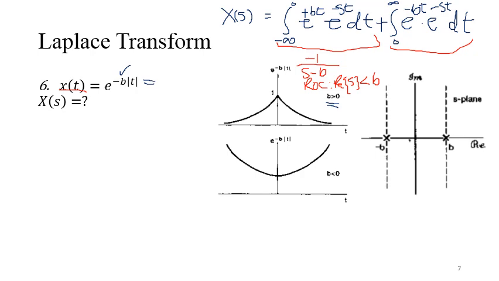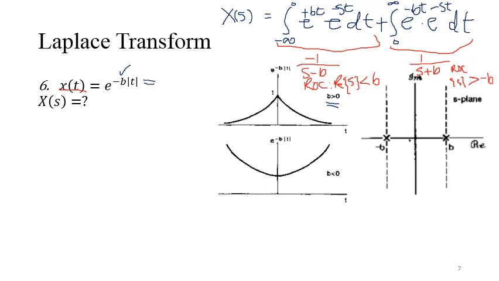Similarly, for this one, we find that it is equal to 1 over s plus b, and its region of convergence, ROC, is real of s greater than minus b.